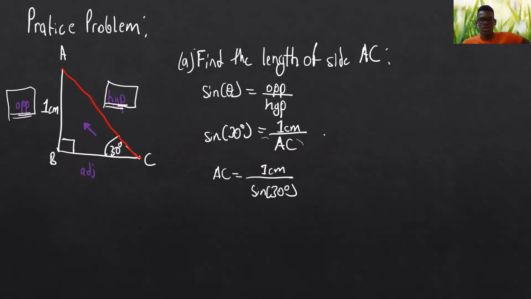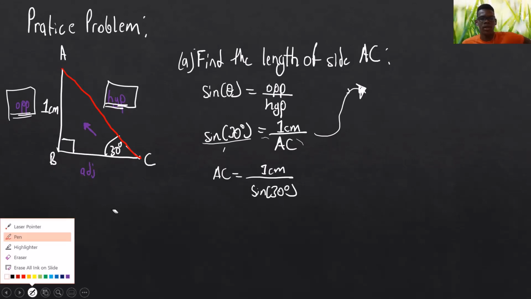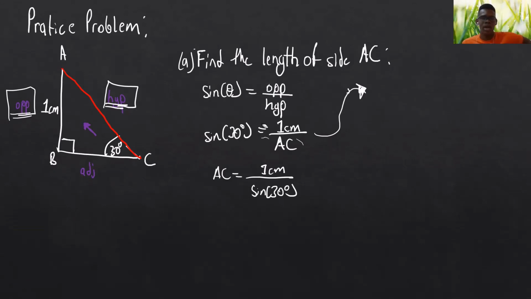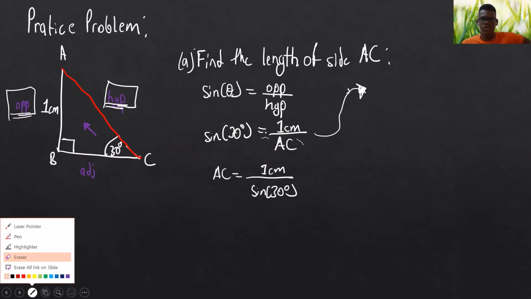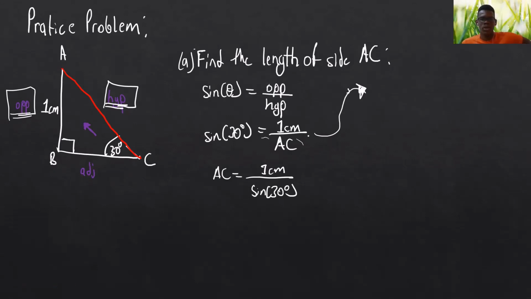Another way you can do this: AC is in the denominator and you want to make AC the subject, so you can flip both sides. Imagine sine 30 is actually above 1, because you can imagine any whole number or any operation as being above 1. I think this way is easier: I carry across AC.